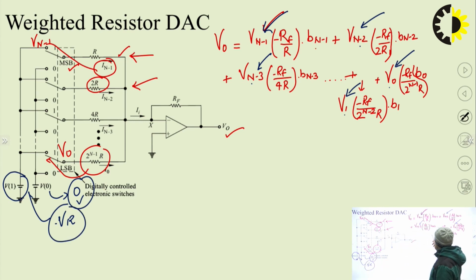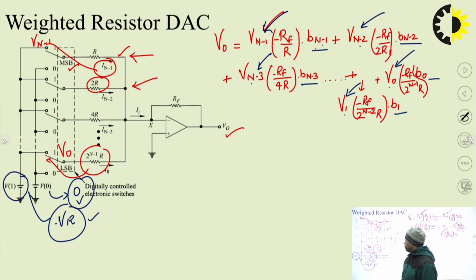And we have already multiplied it with their binary bits. That means if these binary bits are 1, then at all these places, Vn minus 1, Vn minus 2, all these voltages will be equivalent to VR, because they are corresponding to 1.